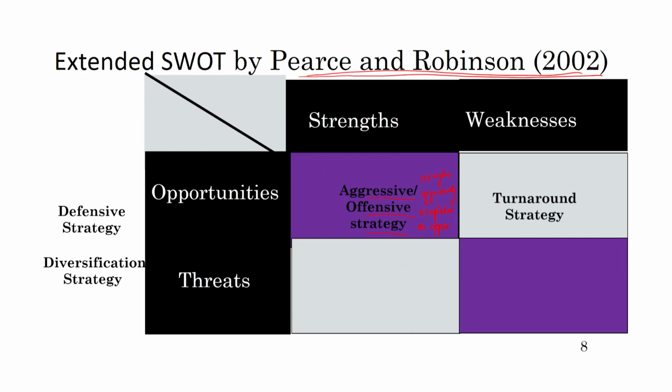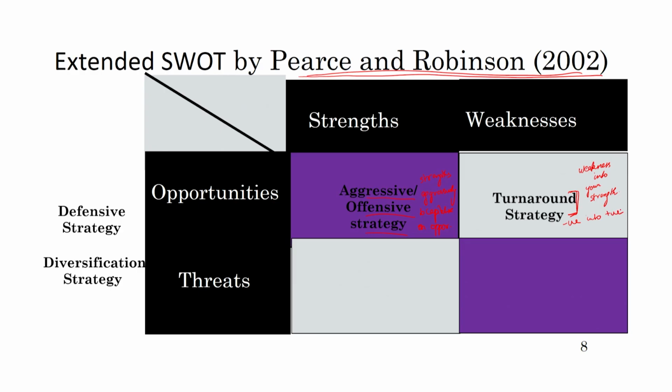If there are weaknesses and there is an opportunity available in the outside environment, you will try to convert your weakness into your strength. And that is what is known as turnaround. Turnaround means converting something negative into positive.